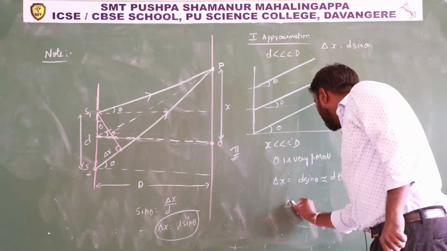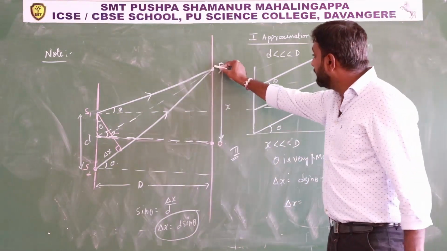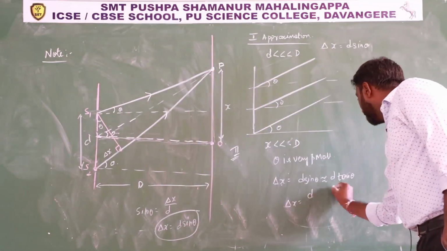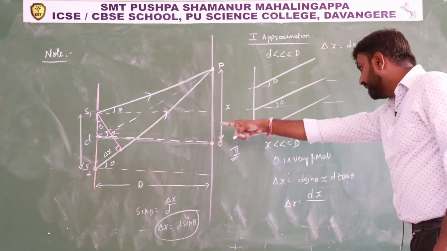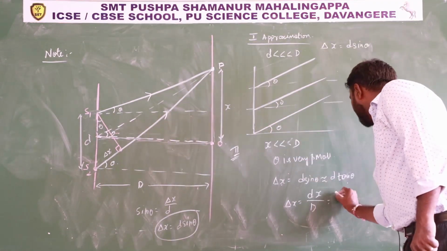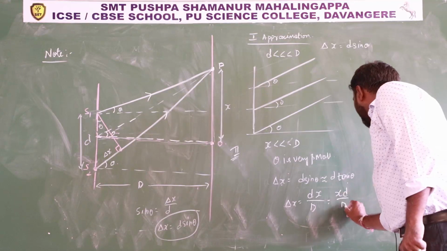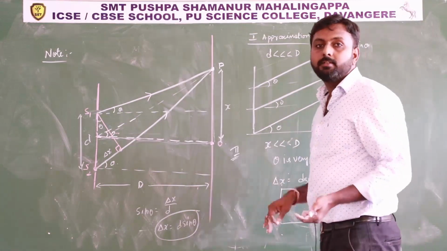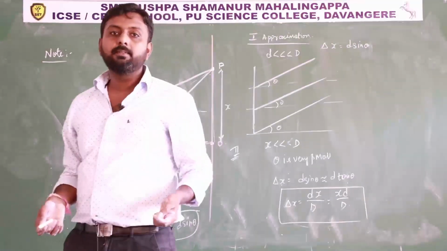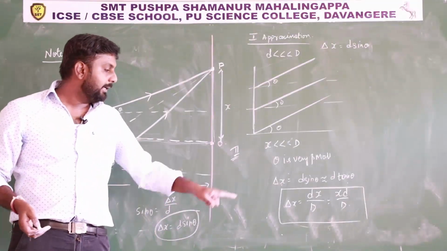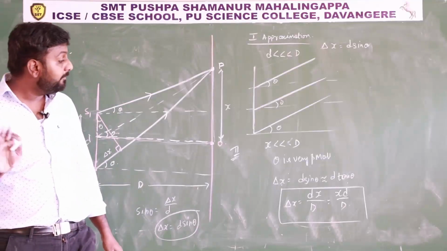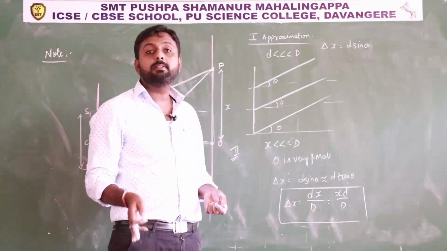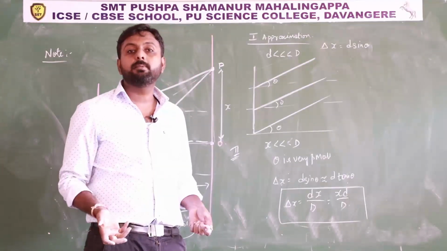Then the path difference delta x is d tan theta. In this triangle, d tan theta, the opposite is x and the adjacent is capital D, so that is xd divided by capital D. Directly in the PU derivation, we came to know that the path difference is xd divided by capital D. But to take the path difference as xd divided by capital D, it has to satisfy two approximations.